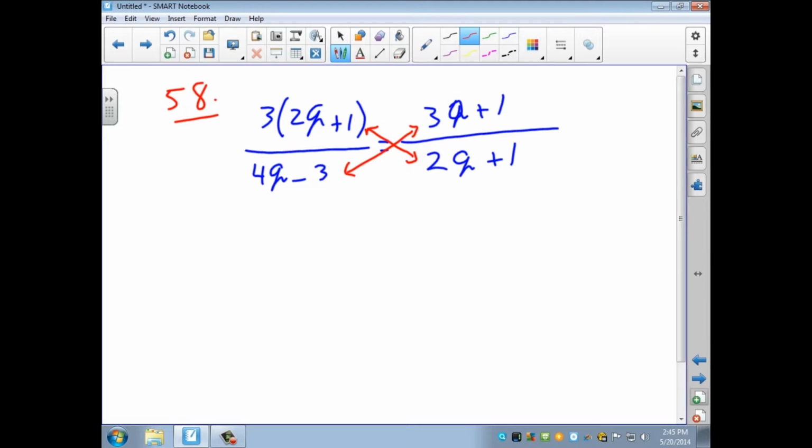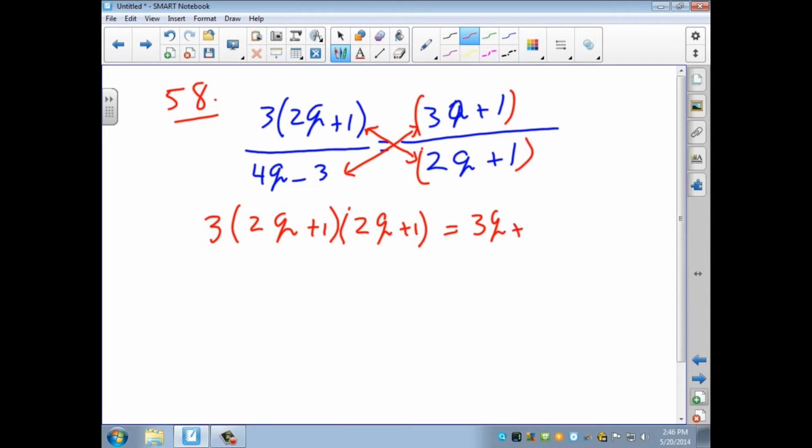In other words, what you're going to have here is 3 times (2q plus 1) multiplied by this (2q plus 1) equal, you already have, (3q plus 1) multiplied by (4q minus 3).